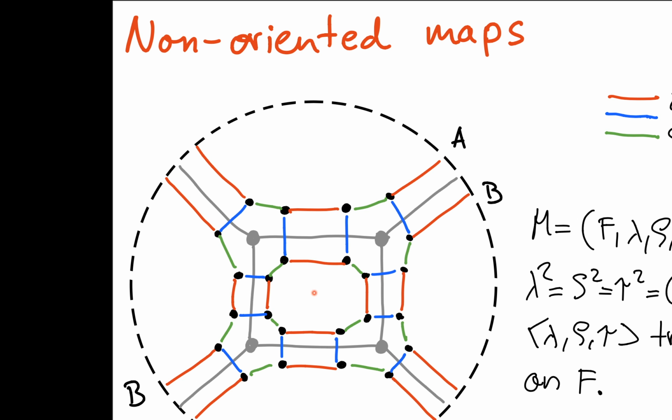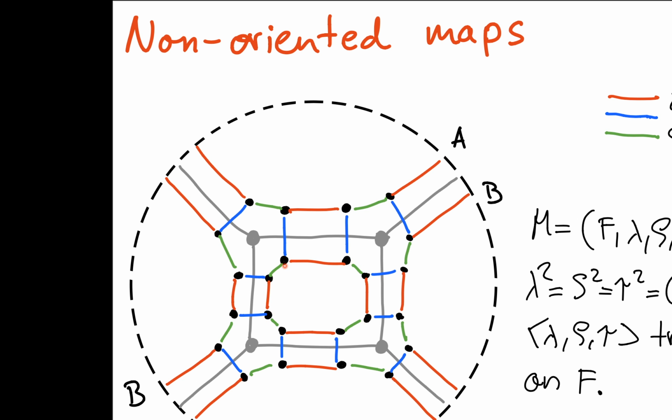So if you imagine putting a vertex which is not depicted in the center of this face, and then joining this vertex to the middle of each edge of the face, and to each vertex of the face, then these black dots will be exactly in the centers of the triangles you obtain in this way. And we have some involutions, some permutations, which connect these triangles together.